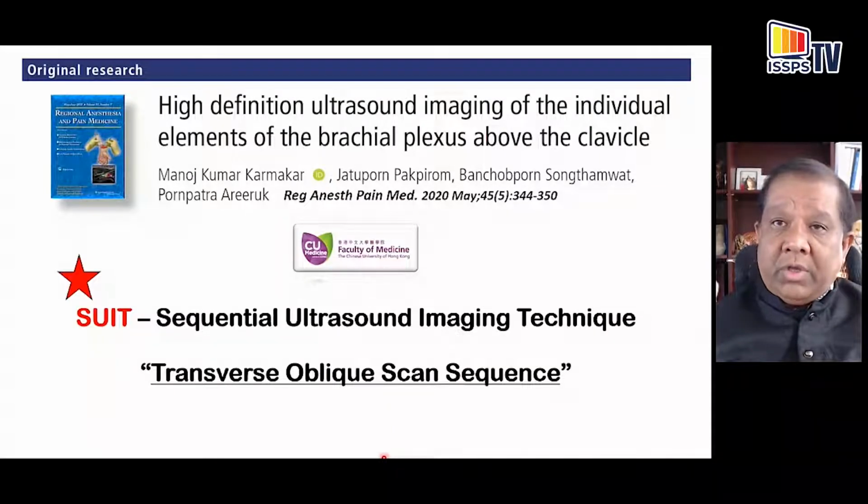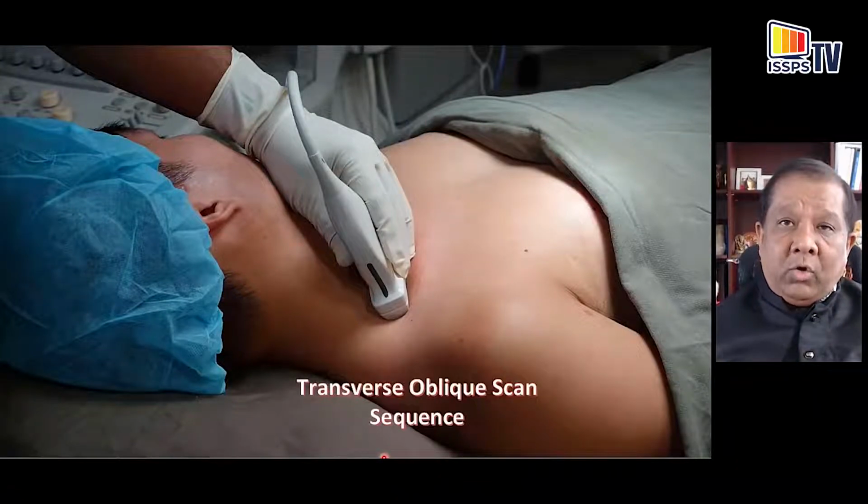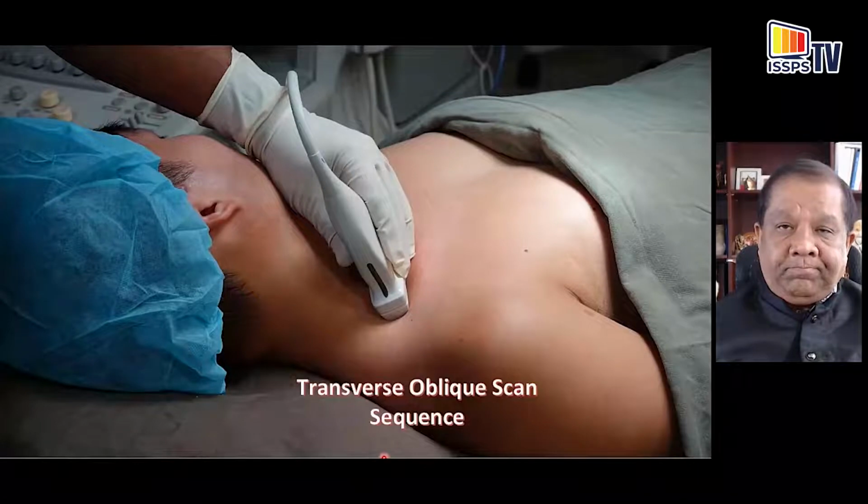The sequential ultrasound imaging technique is a transverse ultrasound scan sequence that starts from the supraclavicular fossa, and by identifying a few well-known sonomorphological features, you can determine accurately the various elements of the brachial plexus.